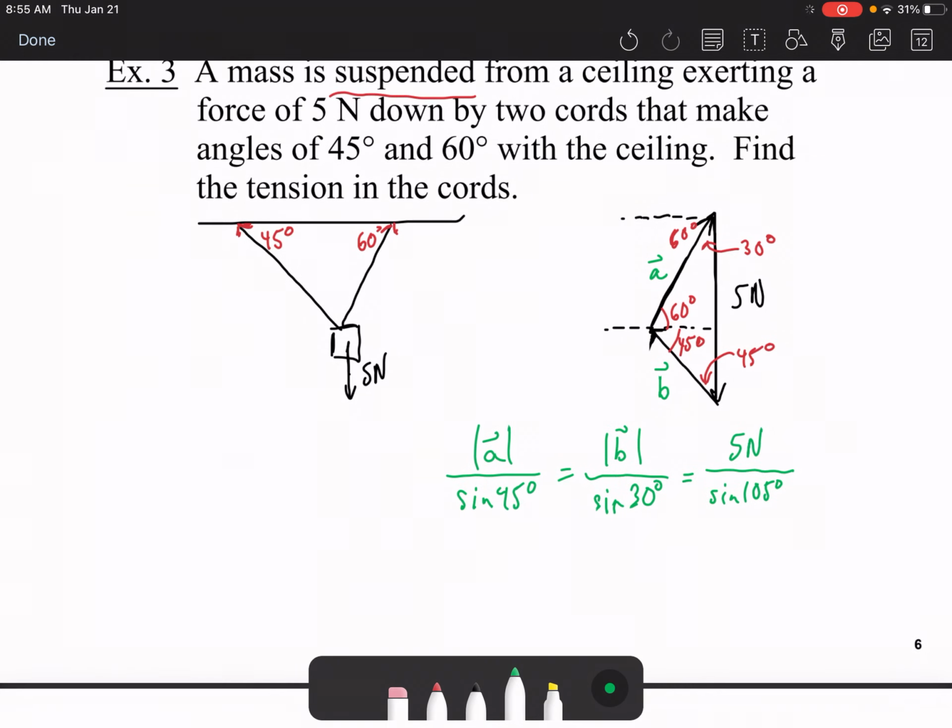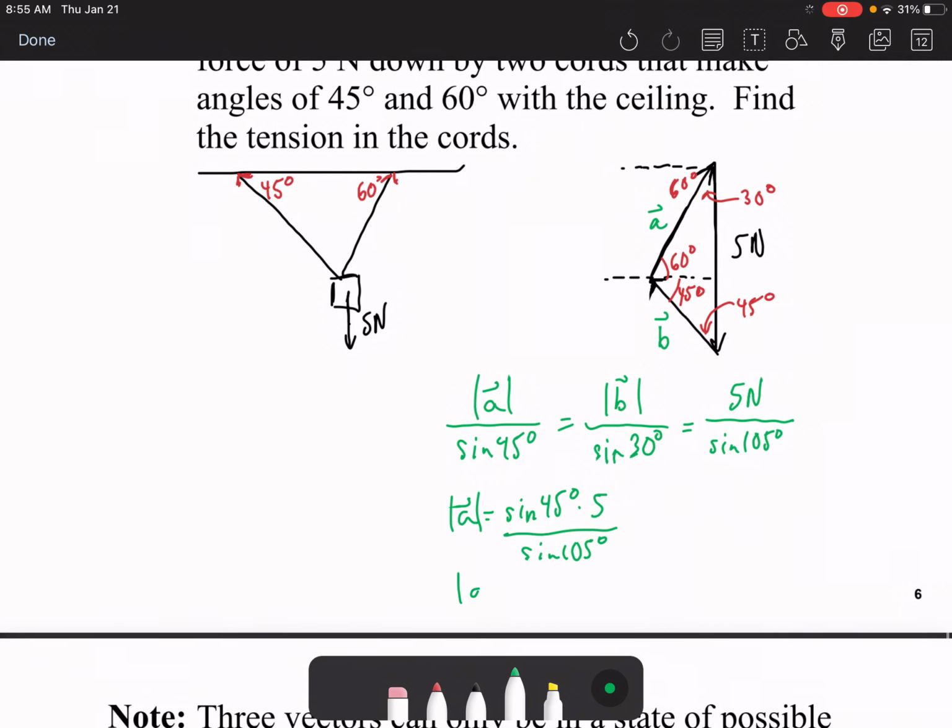So to find the magnitude of A, that's sine of 45 degrees times 5 divided by sine 105. I work that out as 3.7 newtons.